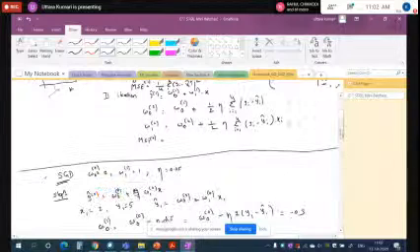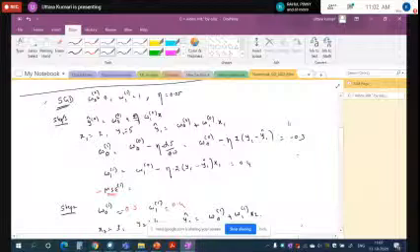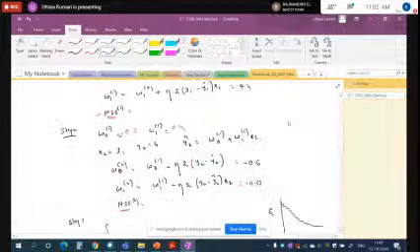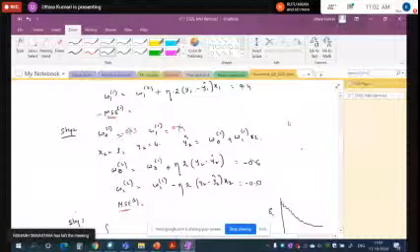Because that day somebody asked me, I'm not getting mean square error decreasing, I'm getting increasing, somebody told. I'll post this particular one once again in the group, in the drive, so that you can rework on that particular problem.